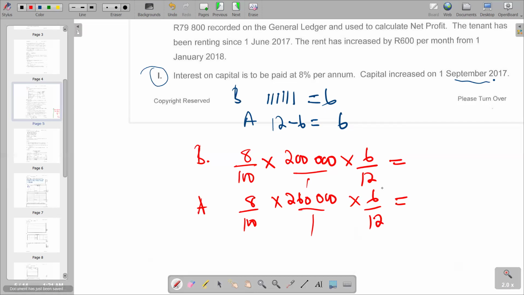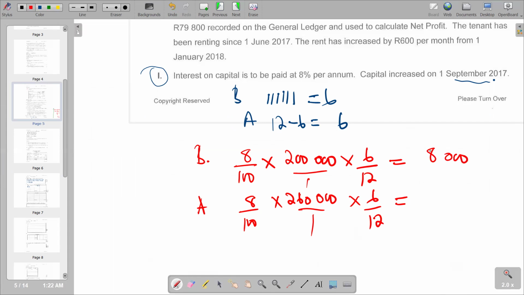So we are saying 8%, which is 8 over 100, becomes 0.08 as a decimal. And then we multiply by 200,000, and then obviously we multiply again by 6 over 12, and then we get 8,000.